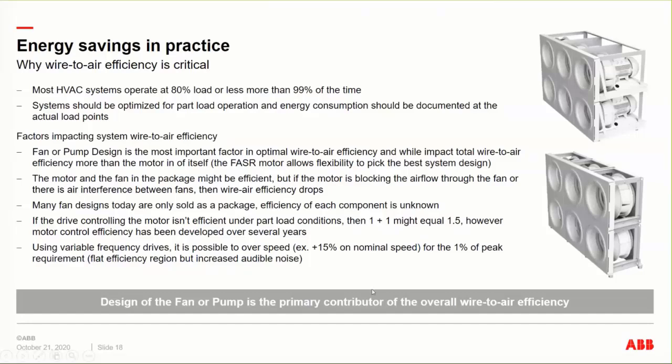Also, the drives let you go, standard on the Center RM squared, we can run above base speed, and I'll show that efficiency operating region. So you get a wider peak efficiency below base speed and at partial load, but then you can also overspeed it. So if you need some additional headroom or your fan curve is just above the base speed of the motor, we can just overspeed it and increase the overall capability of the system.